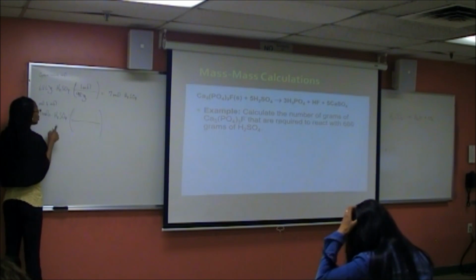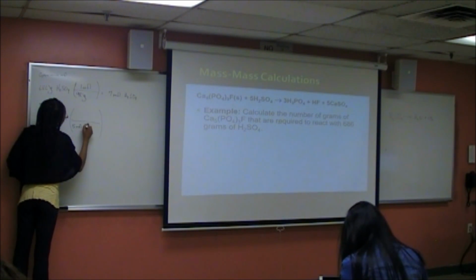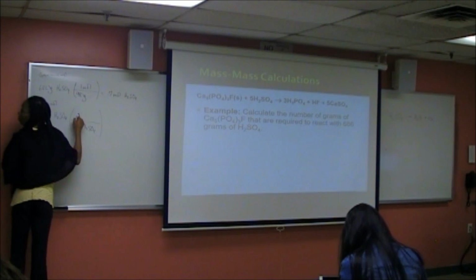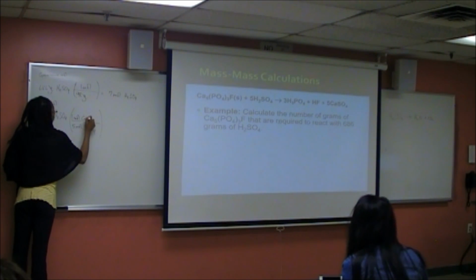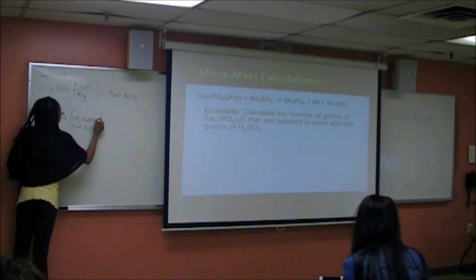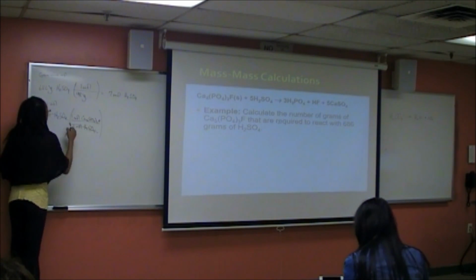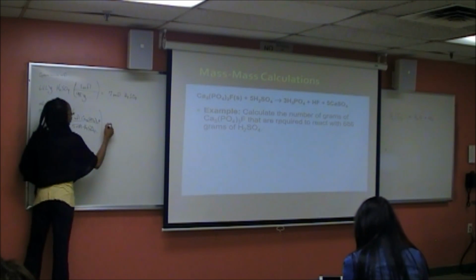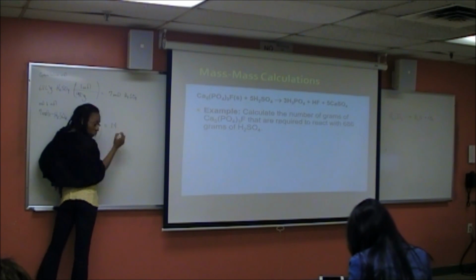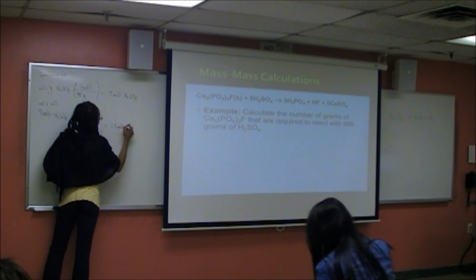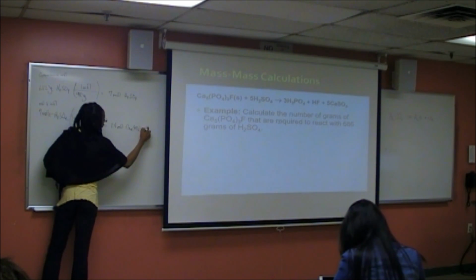So here, what goes on the bottom? 5 moles sulfuric acid. On top, 1 mole of calcium phosphate fluoride. So now you cancel this out, multiply across, divide by the bottom, what do you get? 1.4 moles of calcium phosphate fluoride.